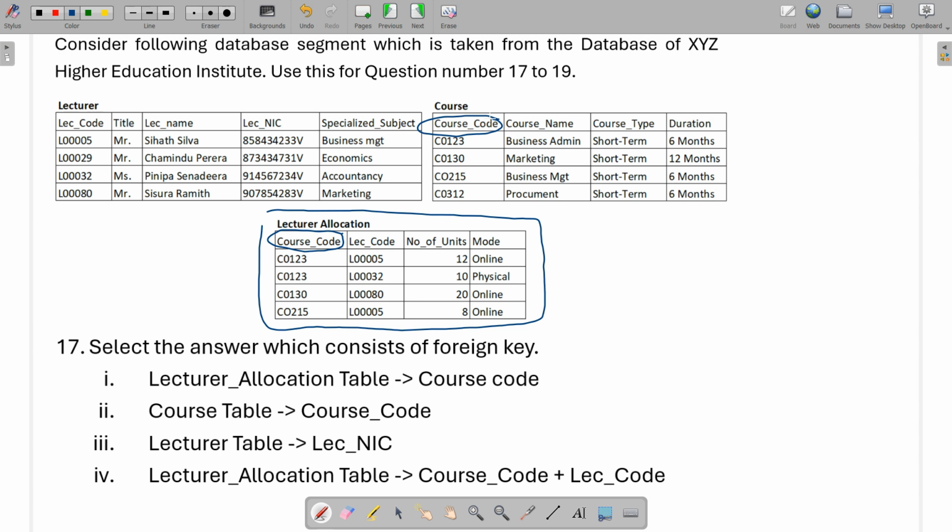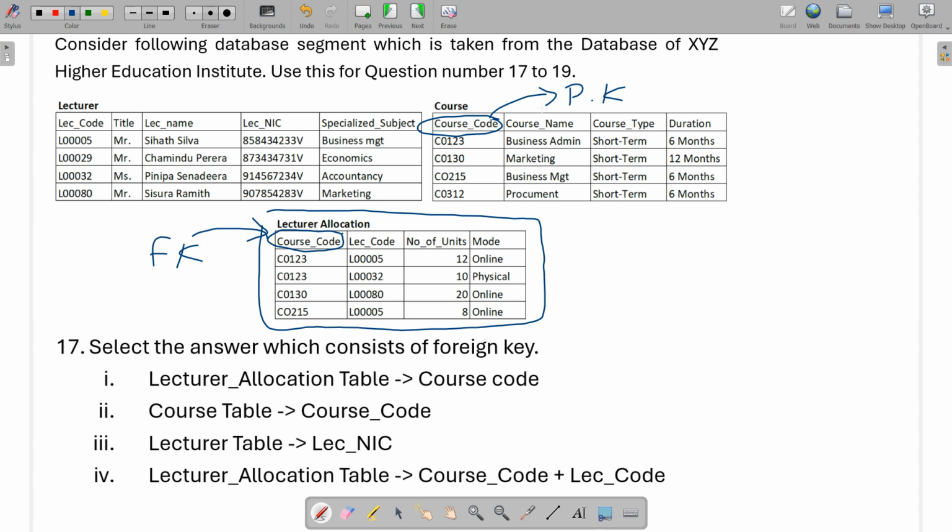So the foreign key is going to be the lecture allocation table course code, because the primary key comes over here. And in the course table, course code is not going to be a foreign key. It's a primary key as we discussed over here.